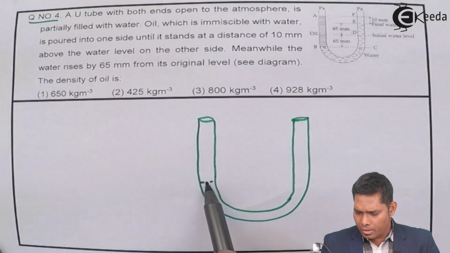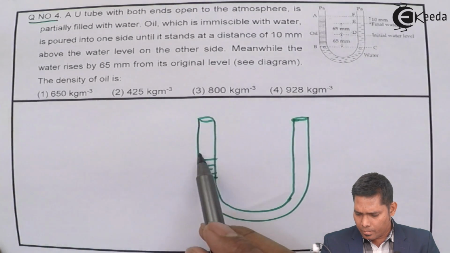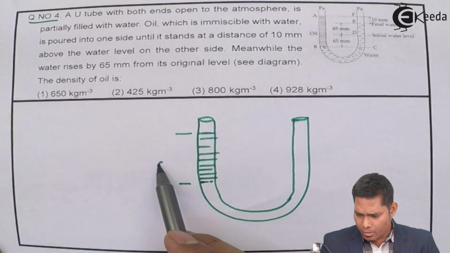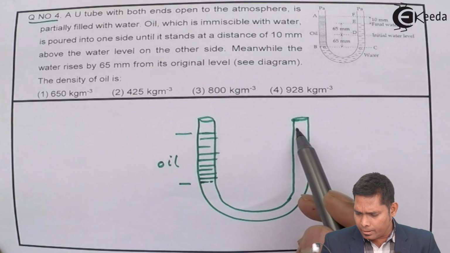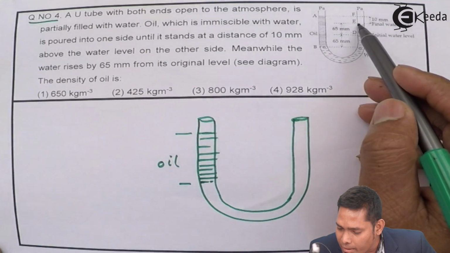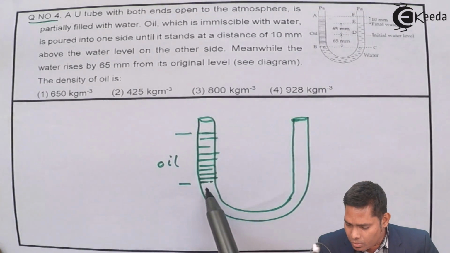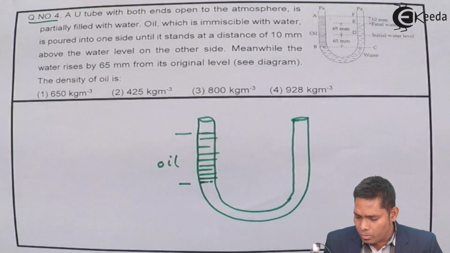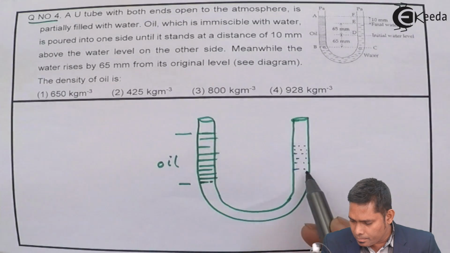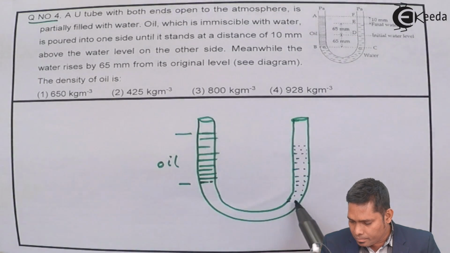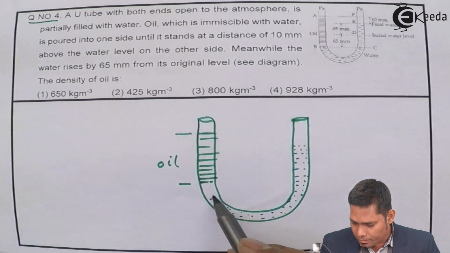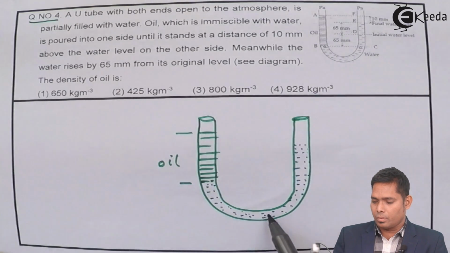So suppose that up to here it is filled with oil. This is oil, and the water is from, as you can see, the markings given here to here. So water I will draw in blue. So water is here.